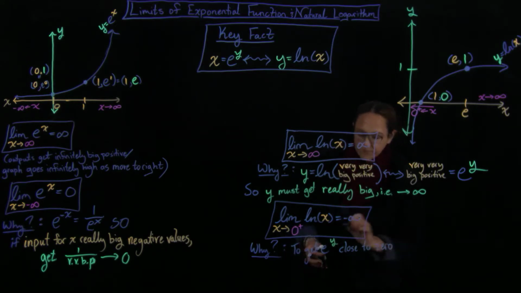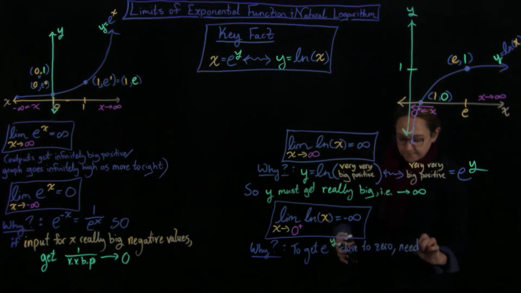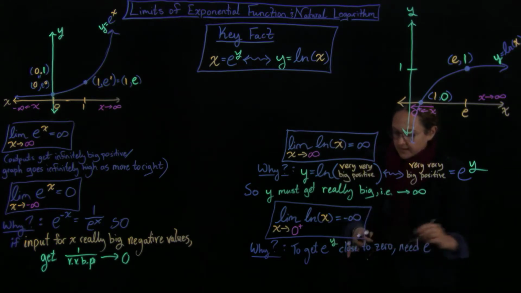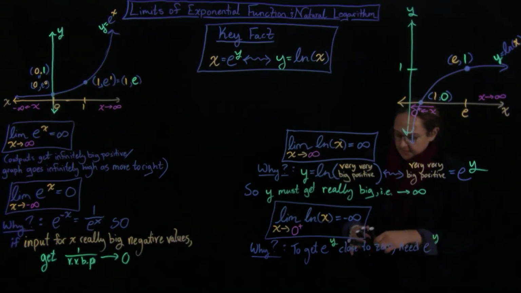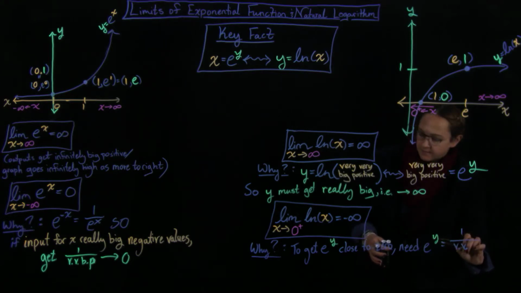To get that close to 0, we need e to the y to equal 1 over something very, very small.